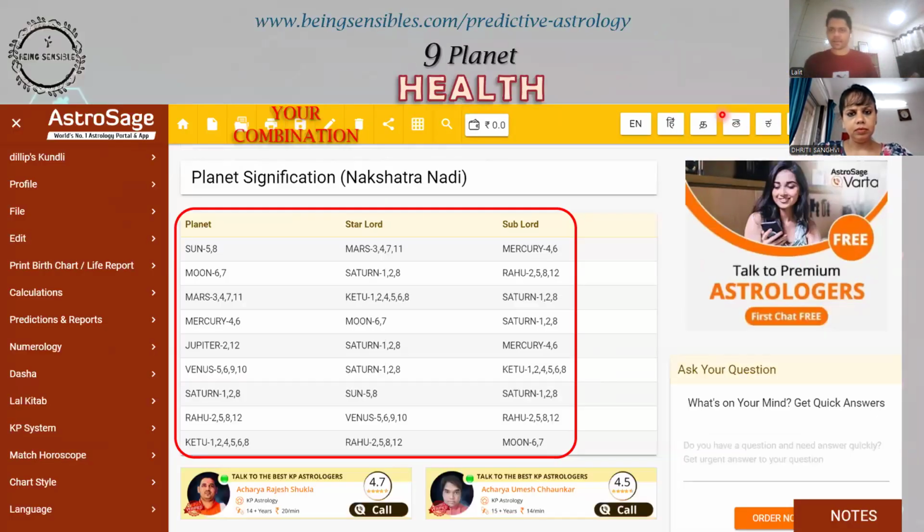I've already taken a screenshot of this. Just like you already have the combinations, but here it doesn't make sense how to calculate. Just like the sun, how can you arrive at the sun's combinations? We only need this for finding the combinations, not for the first house or the Badhak.